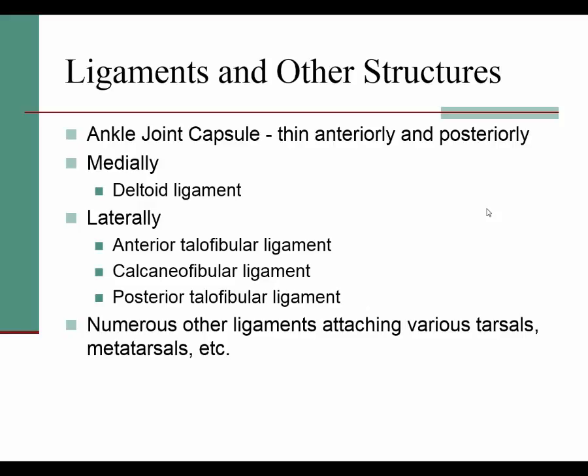There are tons of other ligaments that attach to the different tarsals and metatarsals, but we're not going into those, only because these are considered the most important. Your joint capsule is thin, anterior and posterior, but it's reinforced on each side by collateral ligaments.